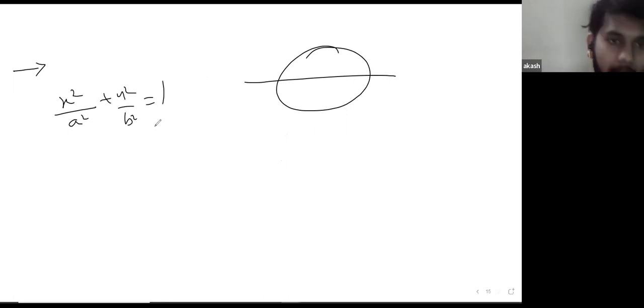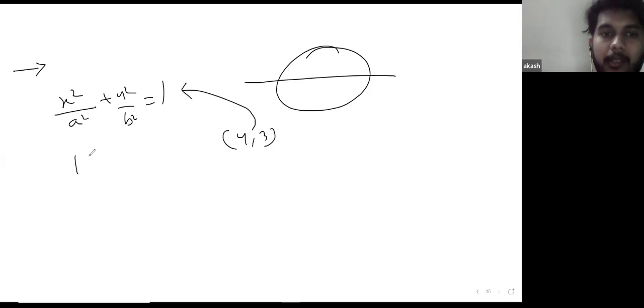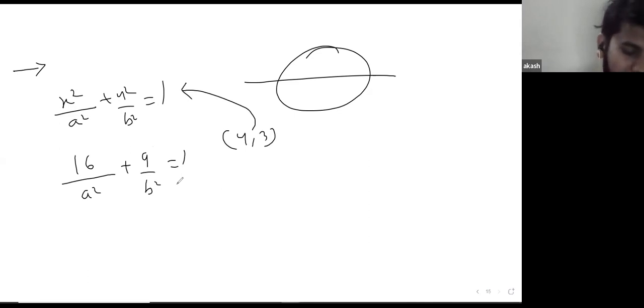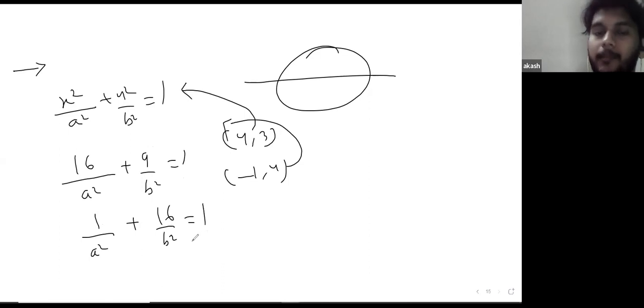They are saying every ellipse passes through 4,3, so put this value here. So that is 16 by a square plus 9 by b square equals 1. And they are saying it passes through minus 1,4 also, so put this point also. So this will be 1 upon a square plus 16 by b square equals 1.